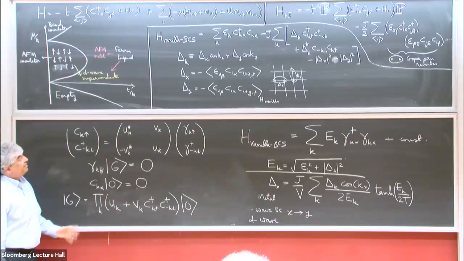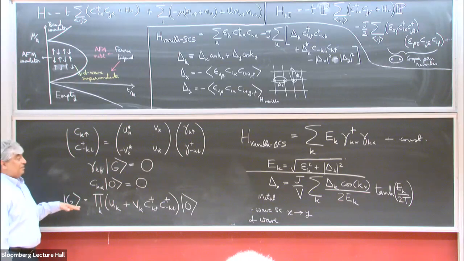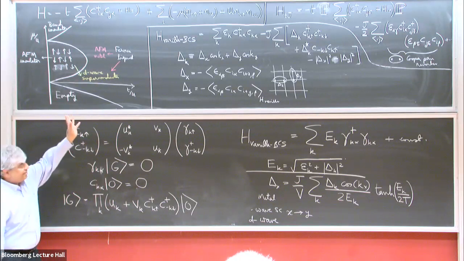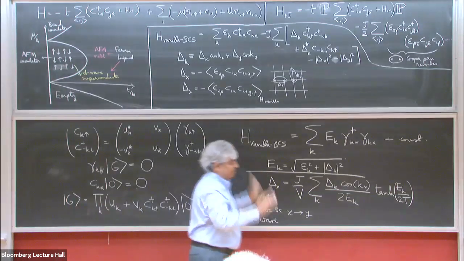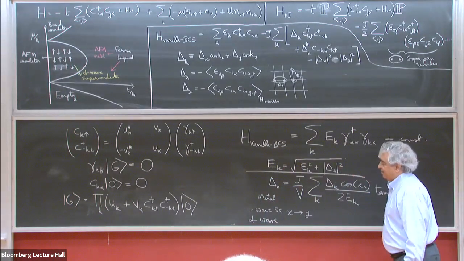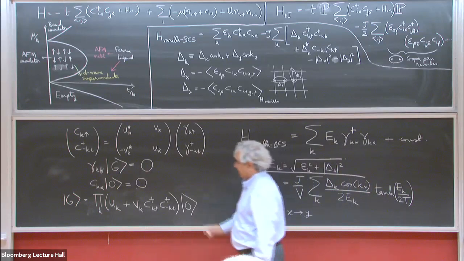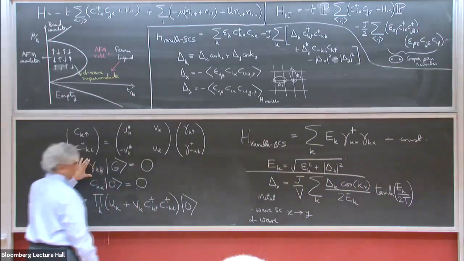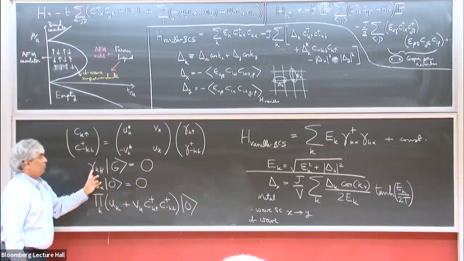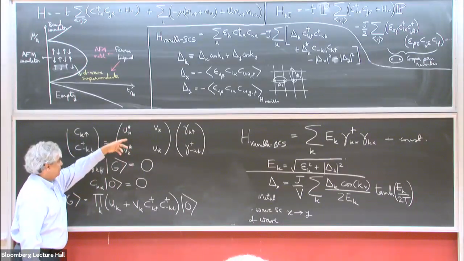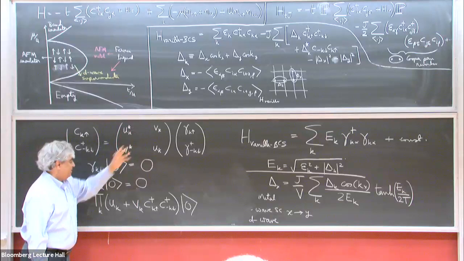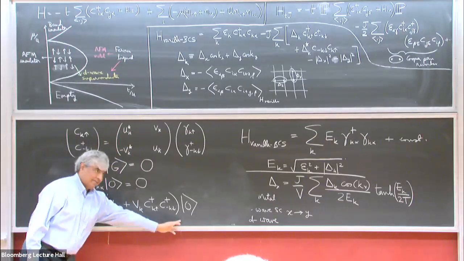In fact, BCS presented the theory starting from this point and going the other direction. I've kind of gone exactly backwards by just factorizing things in the Hamiltonian, and then you find that this is the ground state that ensures this is true. You can just check that it works. This minus sign is crucial. Just work through it and you'll find this is the answer.